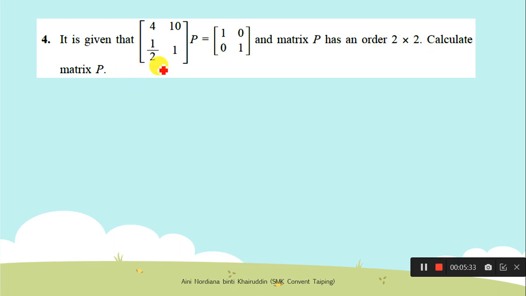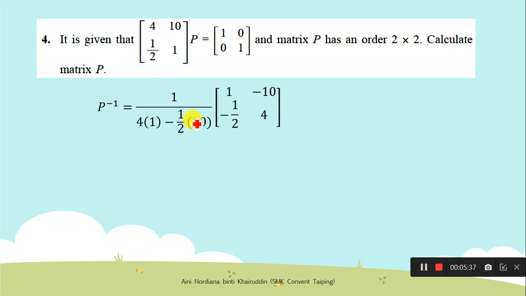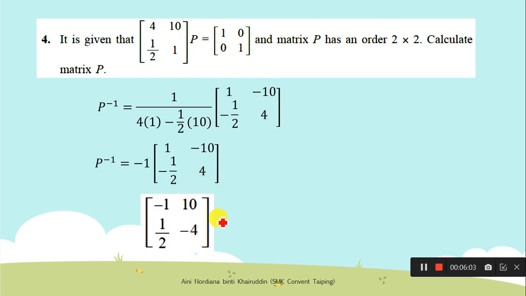Calculate the matrix P. Matrix P is actually the inverse matrix of A. So just calculate the inverse matrix of A using the formula 1 over AD minus BC, and don't forget to change the position of A and D and to add a negative sign in front of elements B and C. So you'll get this. So this is the inverse matrix of A.